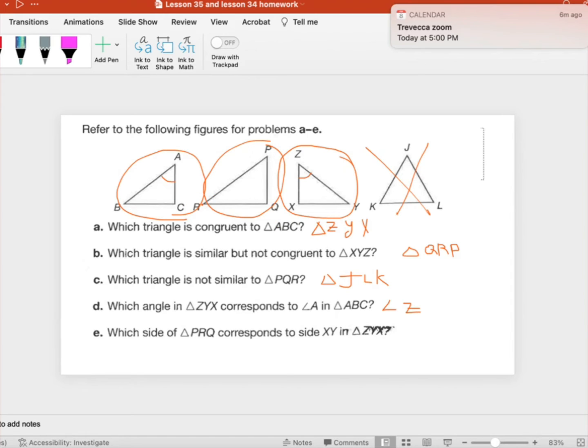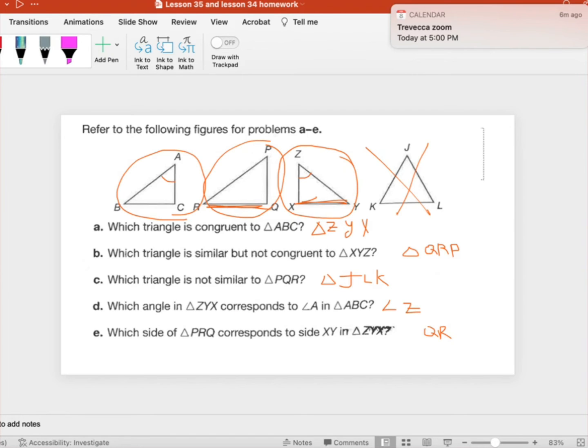So here is side XY, and in PRQ, the one that corresponds would be this one right here. We have to even do it in the right order. XY would be the same as QR.